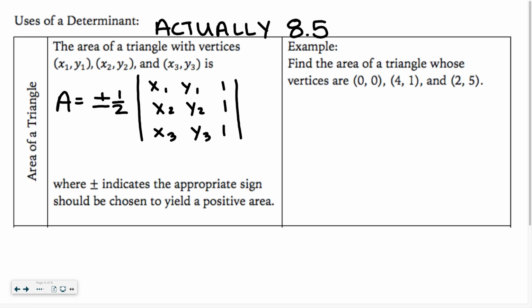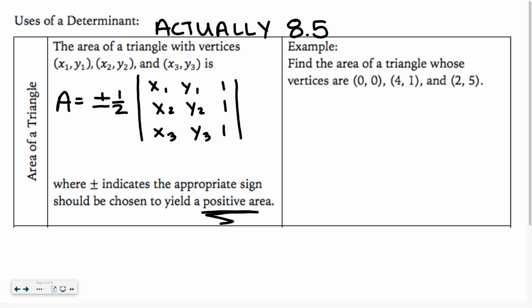Now, read very carefully this final statement. Where plus or minus indicates the appropriate sign that should be chosen to yield a positive area. Think back to geometry. If you were describing an area of a triangle or length of a side, don't those values have to be positive? So your determinant might come out to be negative, but then you would multiply it by -1/2 and you get a positive area.